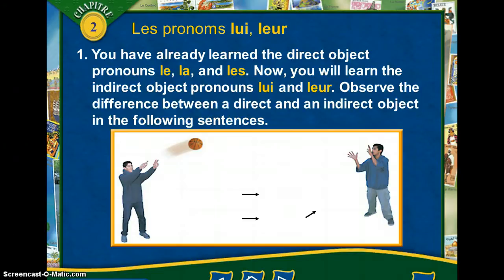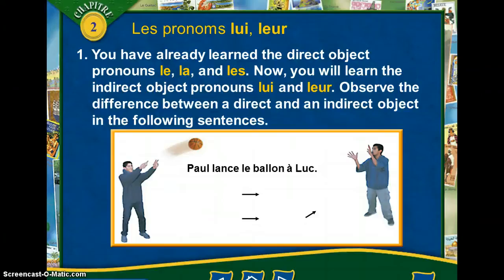So let's observe the difference between a direct and an indirect object in the following sentences. Paul lance le ballon à Luc. Think about what is directly receiving the action. Is Paul throwing the ball or is he throwing Luc?